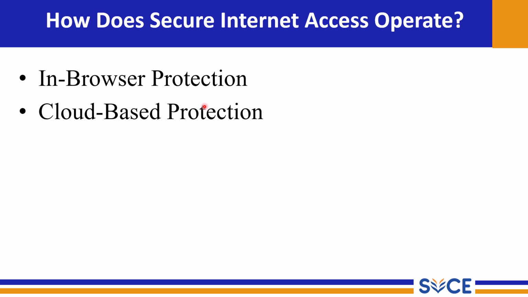This solution works for all devices, including those that might be unable to support an in-browser agent. So these are the two main types of protection needed for secure internet access.